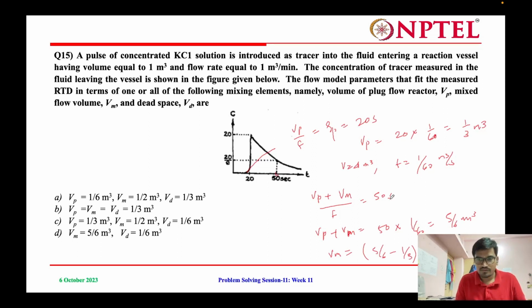So we calculated Vm and Vp. Now we have to calculate Vd. Dead space balance: V minus (Vp plus Vm). So 1 minus 5 by 6 equals 1 by 6, right? Now check the options. So first Vp is equal to 1 by 3, then Vm is equal to 1 by 2, Vd is 1 by 6. So option C is correct.